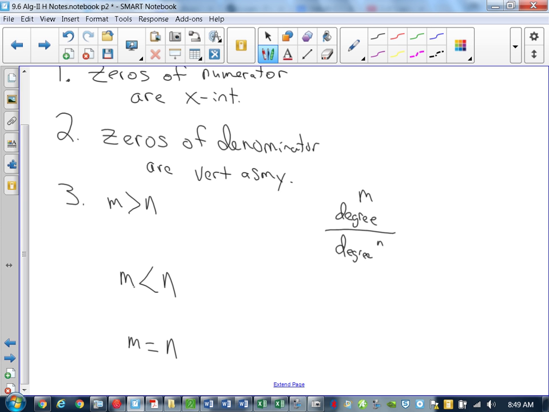So let's see, if the numerator degree was greater than the denominator degree, that was the no, correct? This was no horizontal. But no, I thought that's the slant.